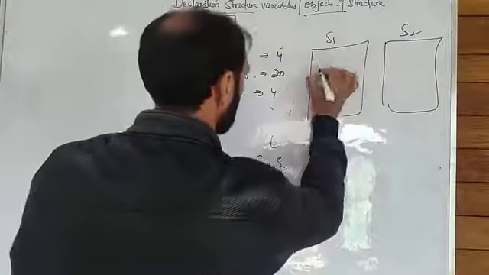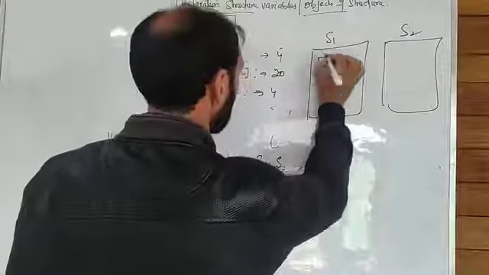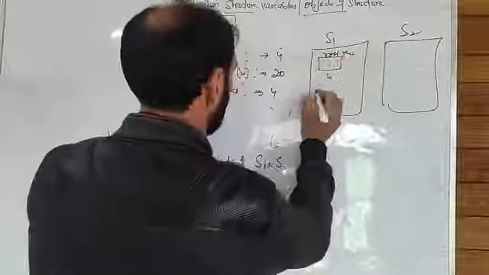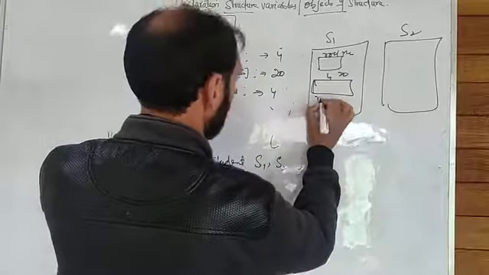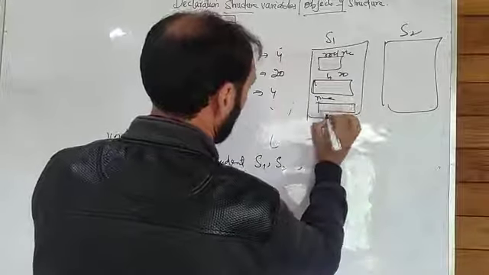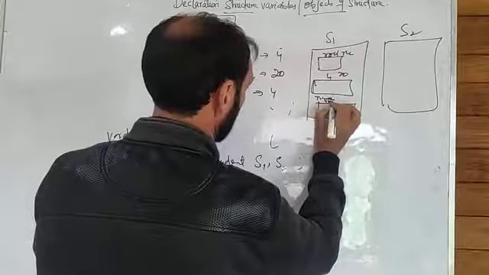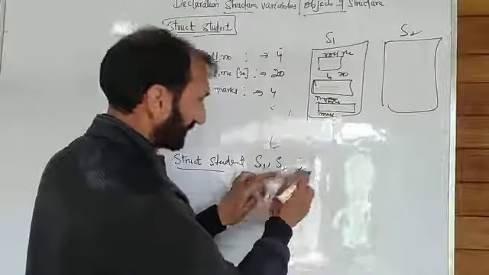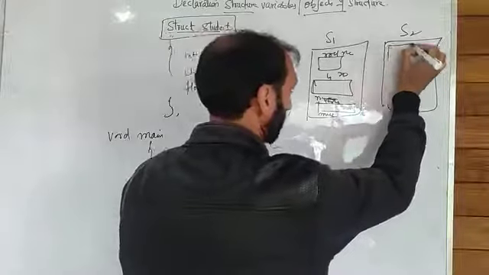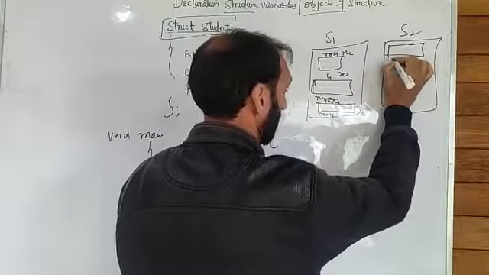In the same way, 4 bytes will be allocated for roll number, 20 bytes for this name, and 4 bytes for these marks, for the S1 object. And similarly here, separate memory will be allocated for S2, for roll number.